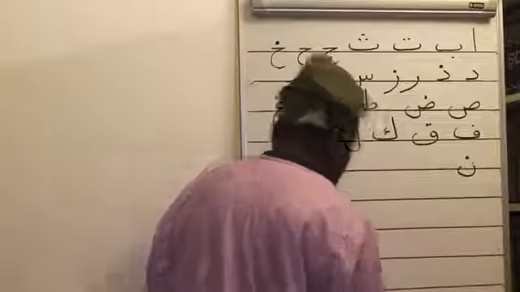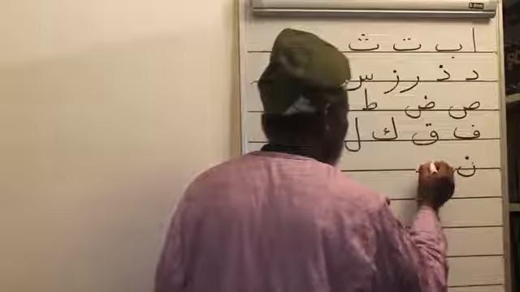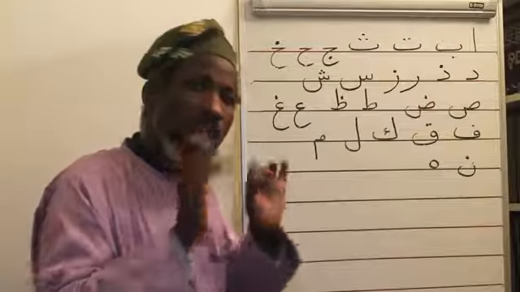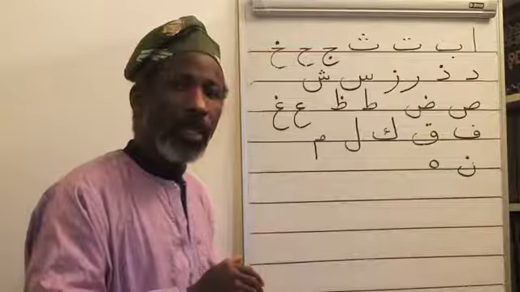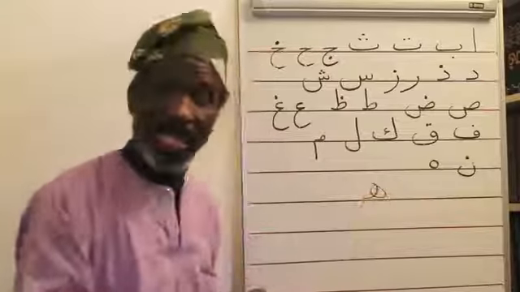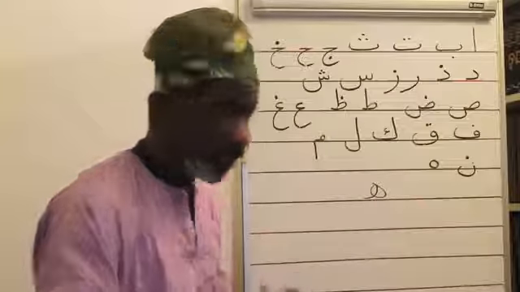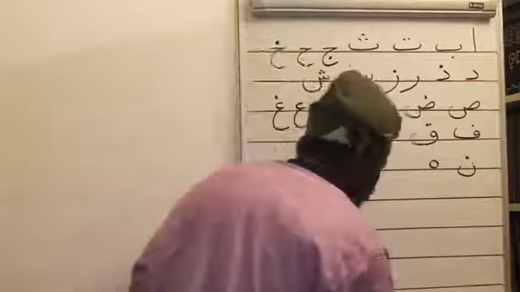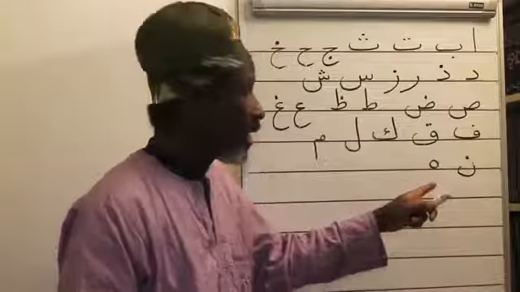You write it this way, just round, like an O. No dots, nothing, just sitting there pretty. Later on you will come across it like this, but I will explain it then. So let's write it like this. That's your Ha.